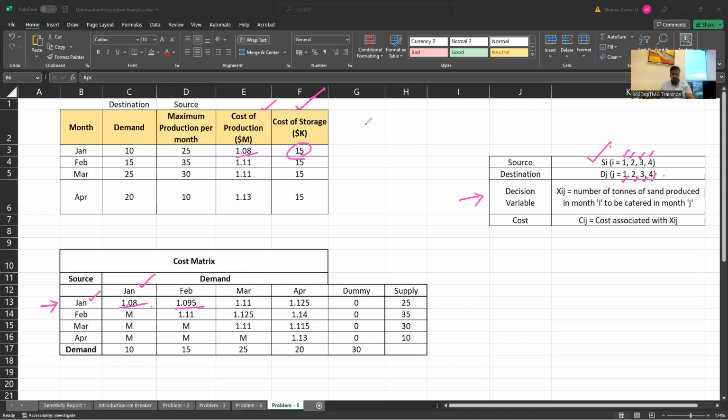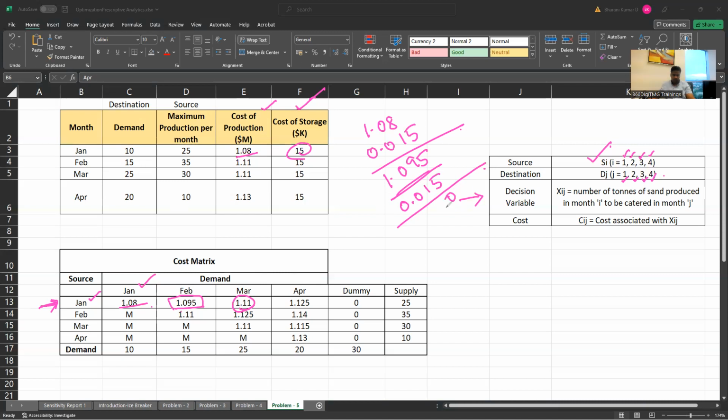This is $15,000. So this is 1.08 million, and 15,000 would be 0.015, right? So it'll be 1.095. That will be the cost. And if you're producing in month one, and if you were to use it in March, then for 2 months, you'll have to keep storing it. So plus another 0.015.